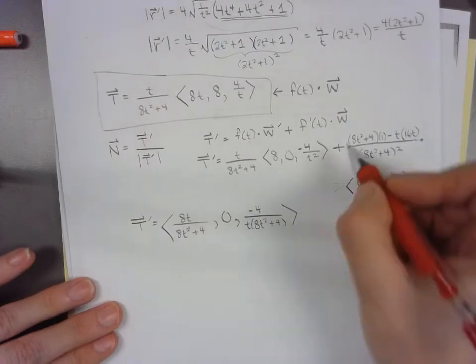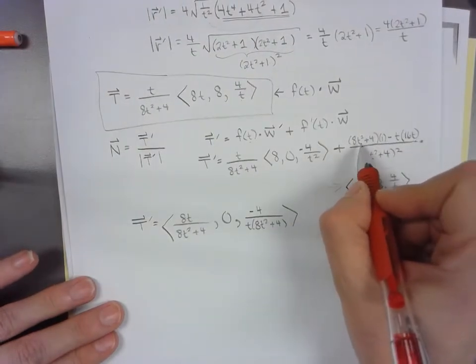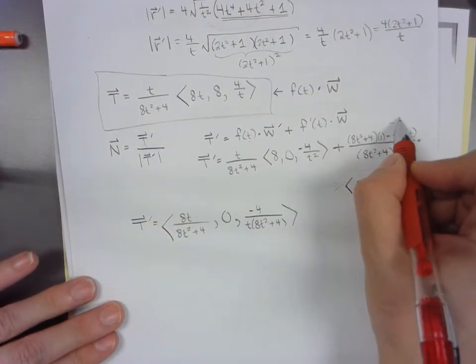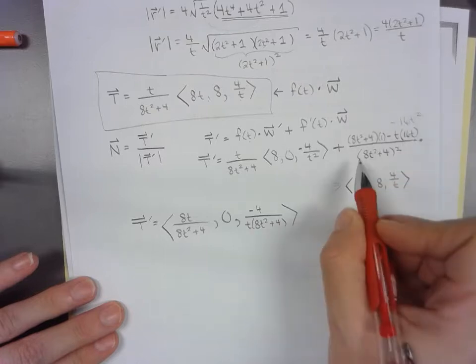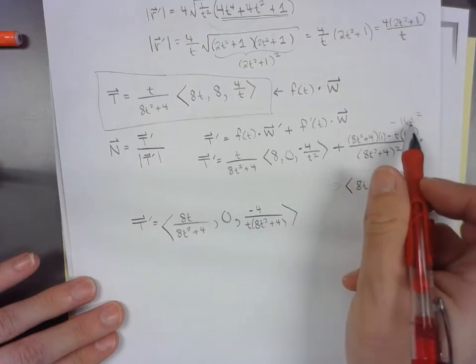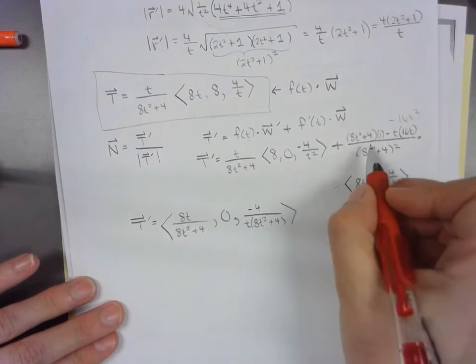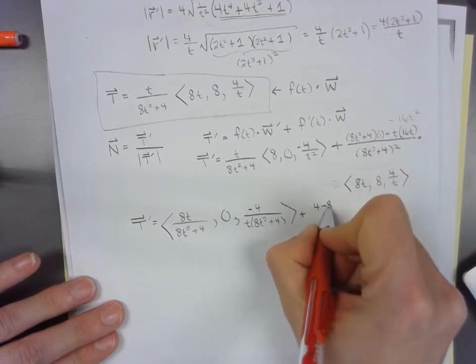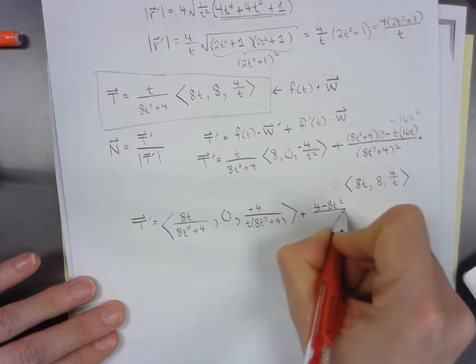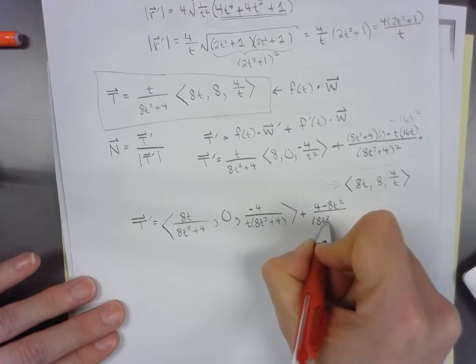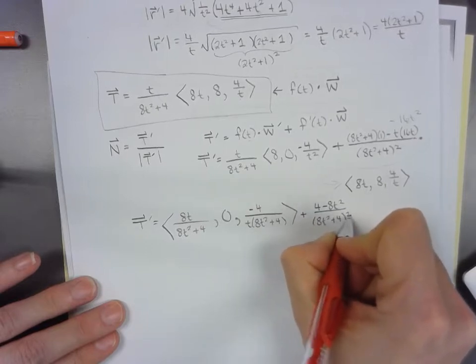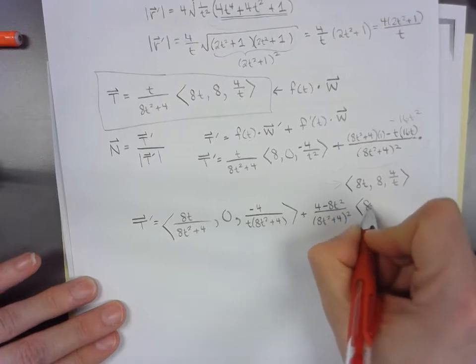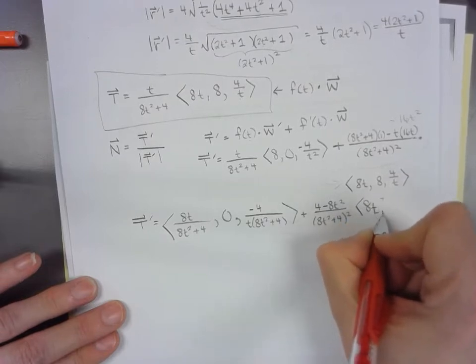And then in the numerator, if I simplified, I have minus 16t squared here at the end. So I'd have 8t squared minus 16t squared, which would be negative 8t squared plus 4. And then I'm just going to leave this 8, 4 over t.